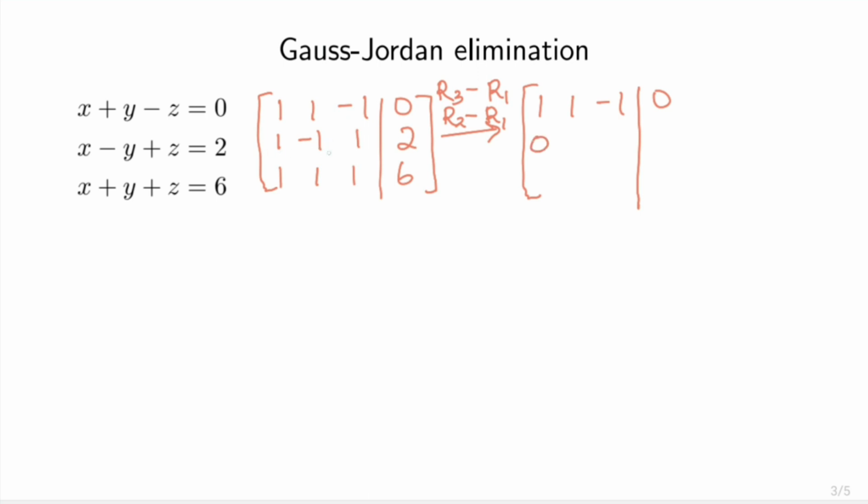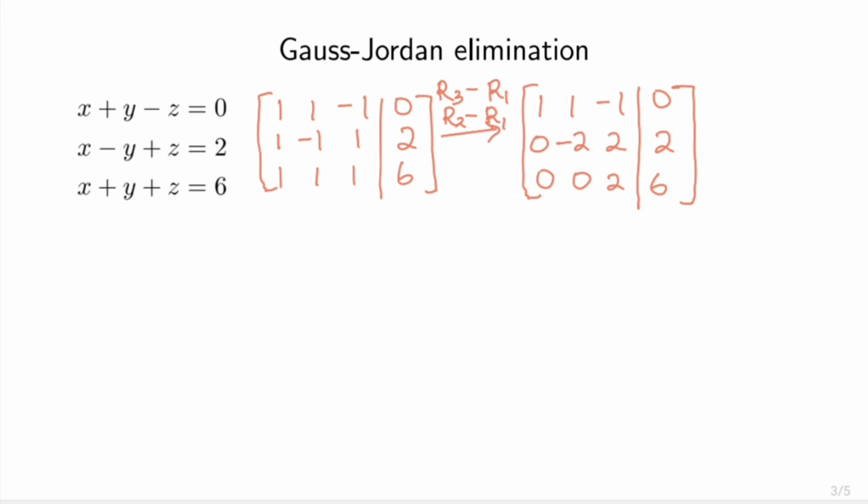Then we have minus 1 minus 1, that's minus 2. Then we have 1 minus minus 1, so that's 2. Then we have 2 minus 0, that's 2. Then we have row 3 minus row 1, so that gives us a 0 here, a 0 here. And then we have 1 minus minus 1, so that's 2. And then we have 6 minus 0, that's 6.